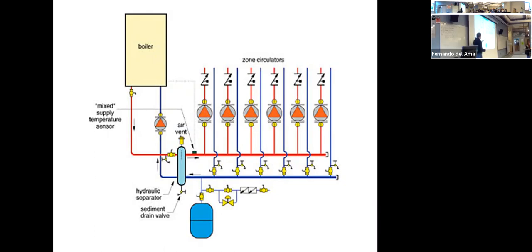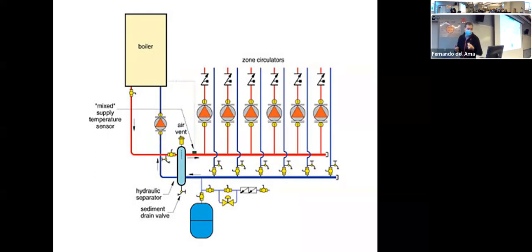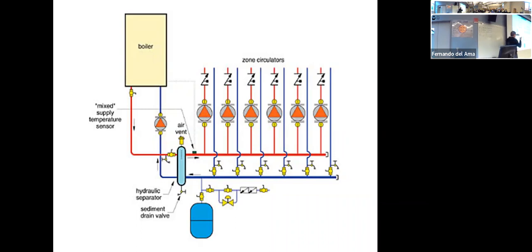Okay, so sometimes with water we can have solid particles. So those solid particles, they weigh more than water, and we need something like this so that the solid particles are here, and then we can remove them.